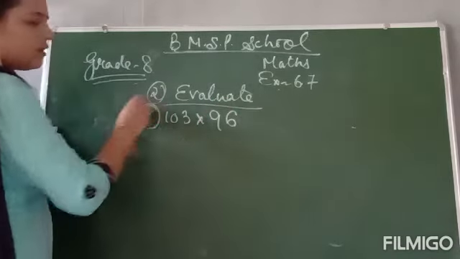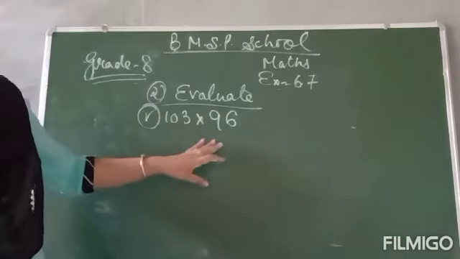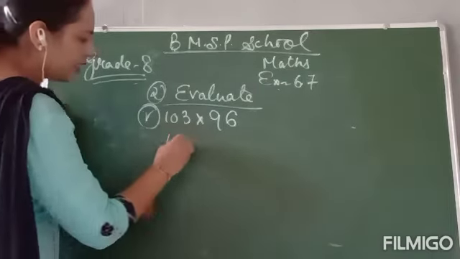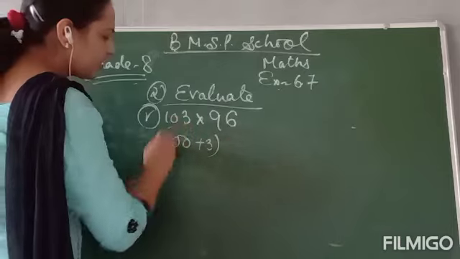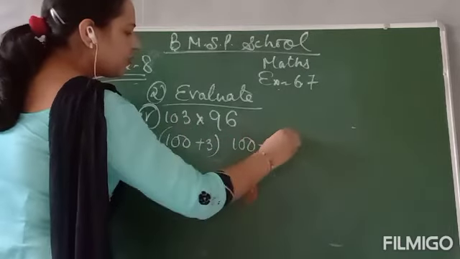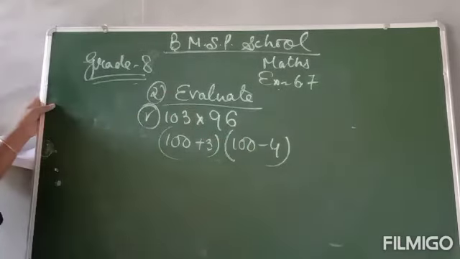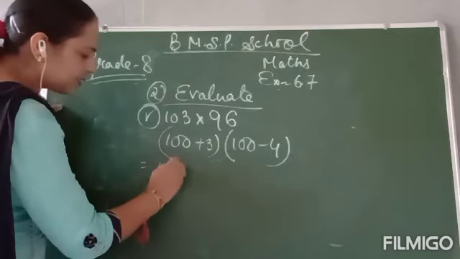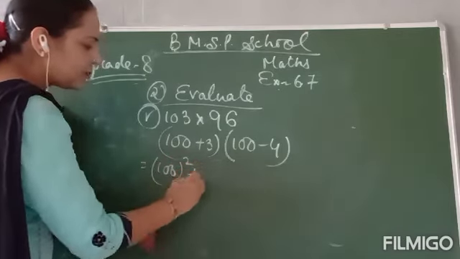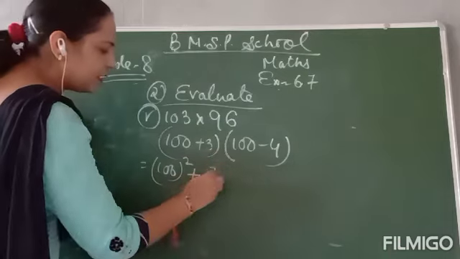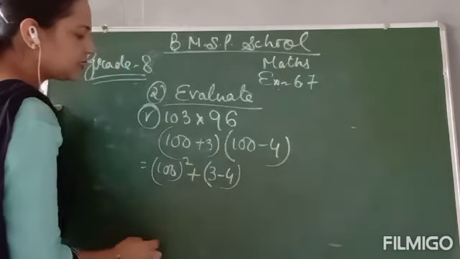Now the next question I will solve again for you, 103 into 96. This is question number 5. 103 into 96. Now I can write it as (100 plus 3) and (100 minus 4). One is of plus and one is of minus. 100 square, x square plus (a plus b)x. There is minus, so I will write a minus x.